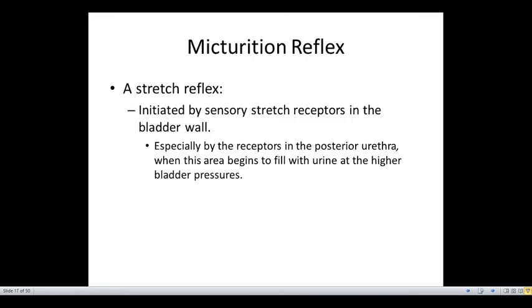In the cystometrogram shown in the previous slides, we can see that as the bladder slowly fills, micturition contractions begin to appear.